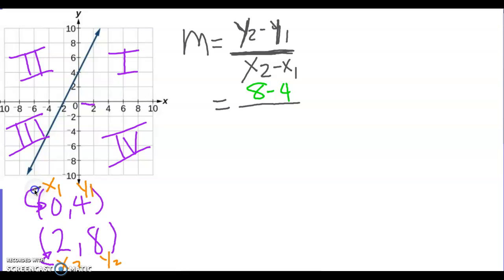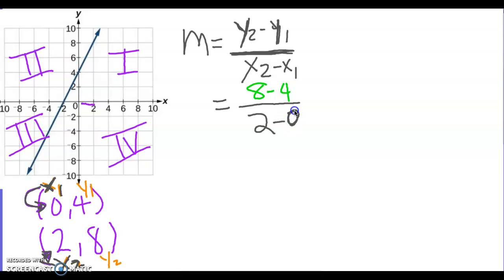Okay, so x1 is here. x2 is here at the bottom. Do you see that? Okay, so what number is x2? 2, right. Okay, what number is x1? 0.